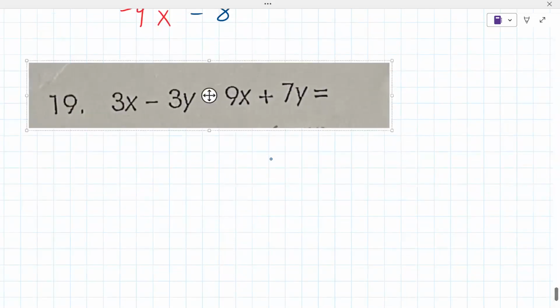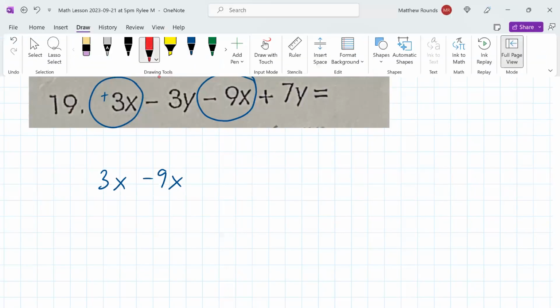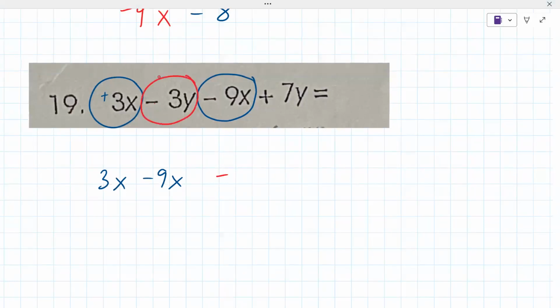All right, so I see a positive 3x and a minus 9x. And then I see, let's switch colors here, a minus 3y plus a 7y. Will you simplify those for us, please?